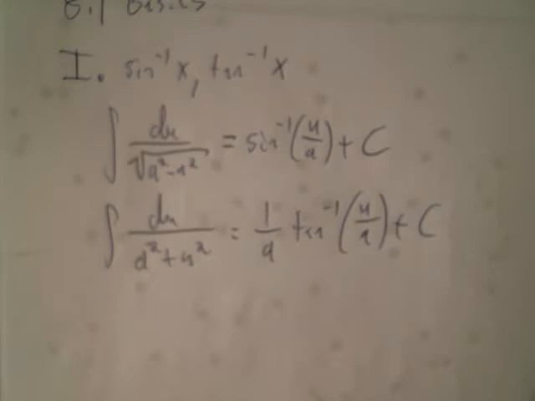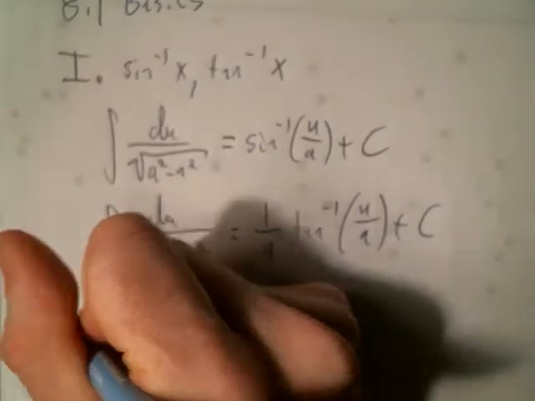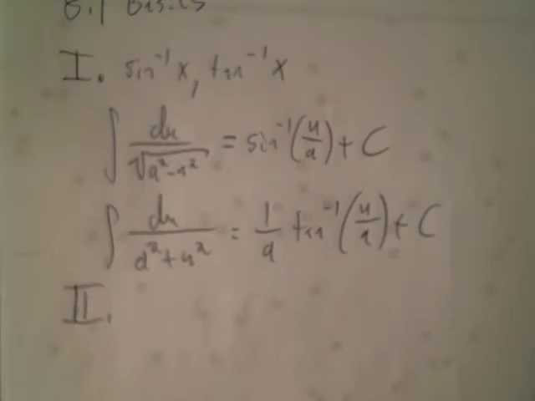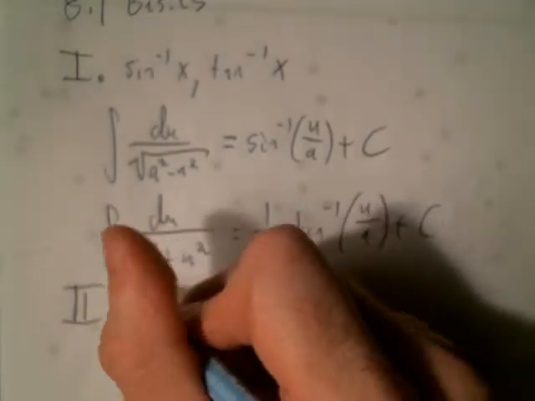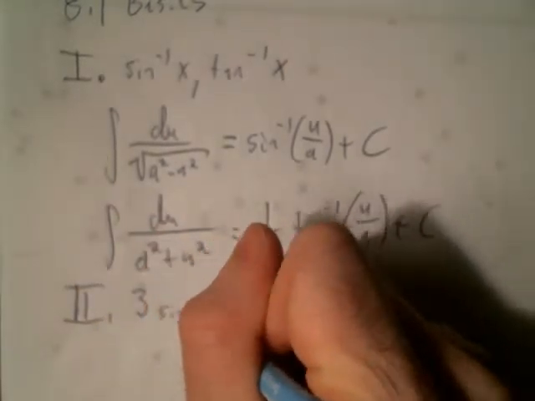Let's move on. So we've seen these. Great. Maybe we can look at something else. One thing the book takes a look at are 3 similar integrals. So you study these things and find patterns, which is a lot of fun.